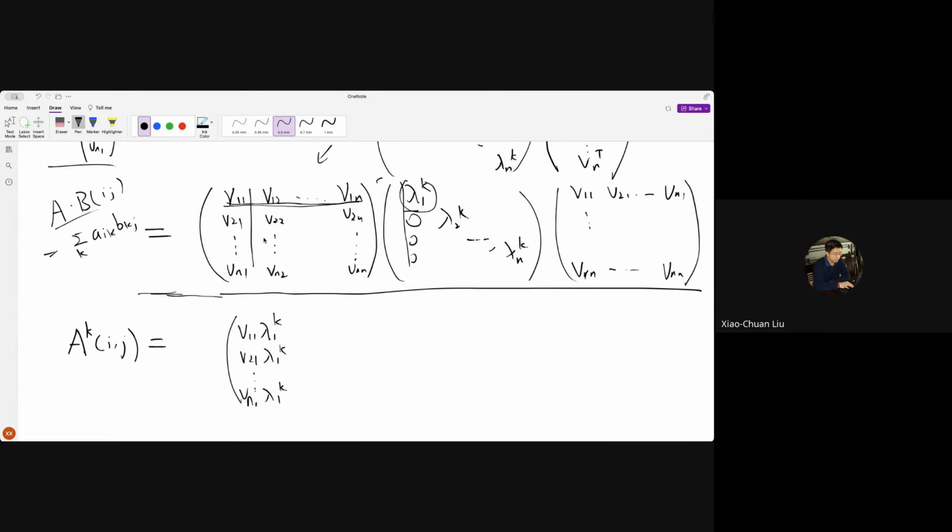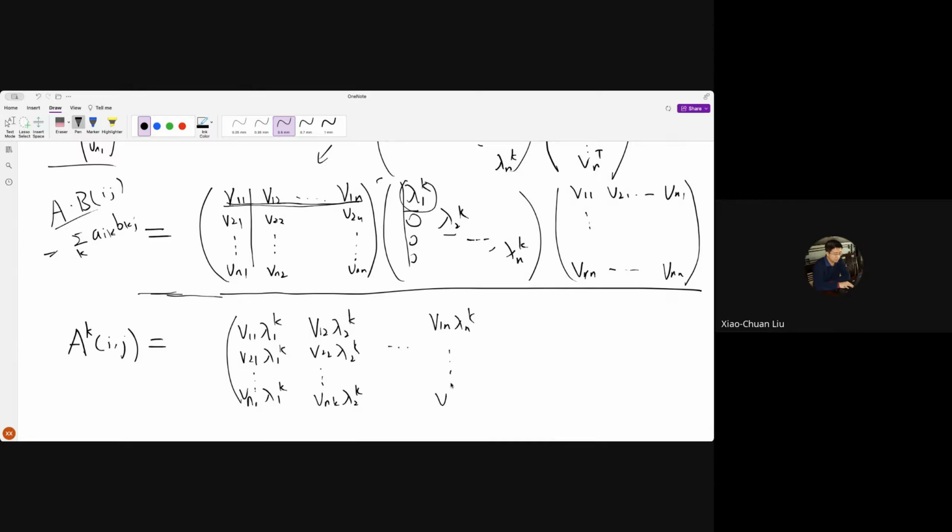Second column will be multiplied by lambda 2 power k. Okay, so we have v1 2 lambda 2 to the power k, v2 2 lambda 2 power of k, and vn2 lambda 2 to the power of k. Okay, so in the end we have v1n lambda n to the power of k.